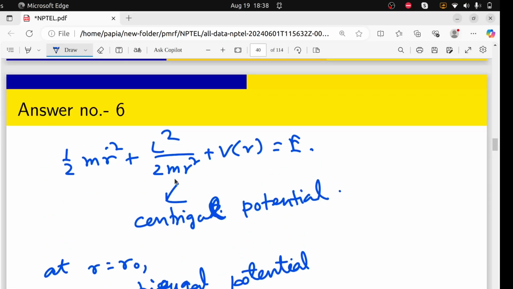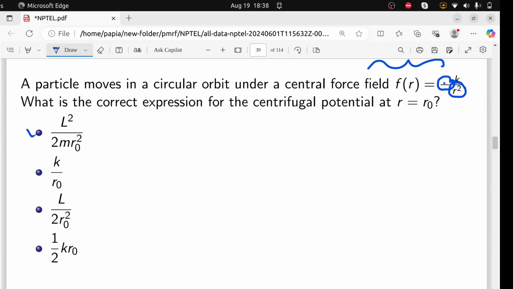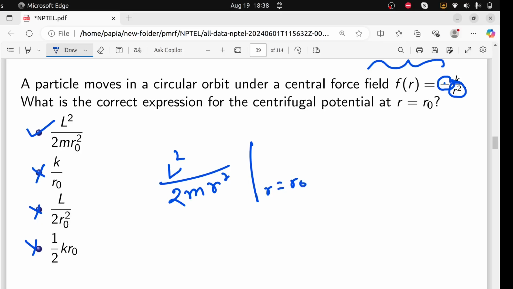Simple. We just have to replace r by r0. So this is this one. This one is not correct. This one is not correct. This one is not correct. L square by 2m r square at r equals r0, that is L square by 2m r0 square.